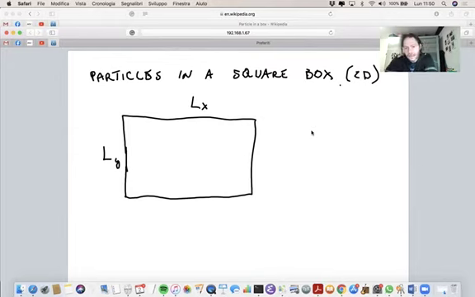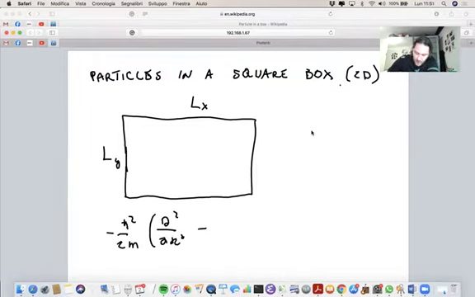Once again, the stationary Schrodinger equation we want to solve now is an equation that contains two partial derivatives, one with respect to x squared and one with respect to y squared.